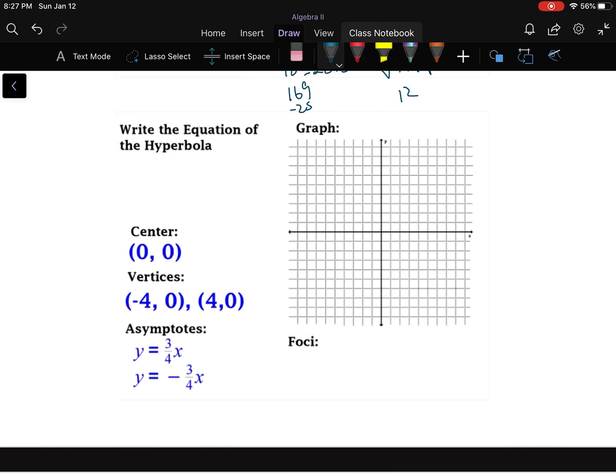Okay, 0, 0. Again, I'm going to put my vertices on here just to help me visualize it. All right, so this is my major axis. So that means x squared is positive and y squared is going to be the one that's negative. Over 16 because of 4 squared. Last time I've given my asymptotes, so it goes up 1, 2, 3 over 4.